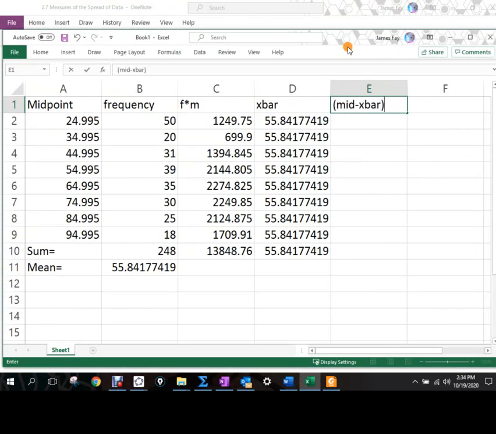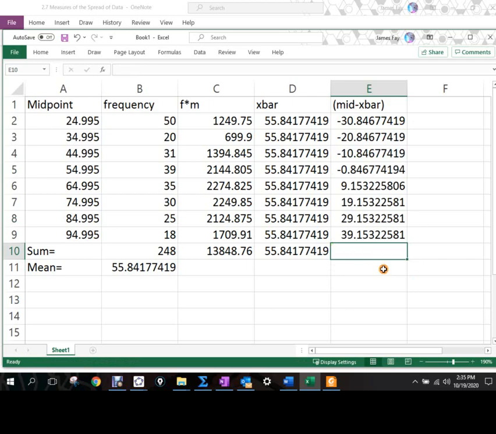Obviously, writing my headers here would be nice if I could use the actual math notation, but I can't. So my midpoint, I'm going to capture that, which is this number here, and then minus X bar, which is that number there. So that is my deviation. That's what we were talking about in the standard deviation formula. I'm just going to drag that straight down.